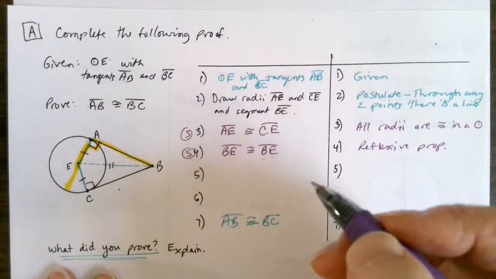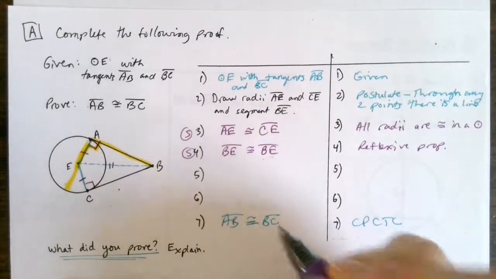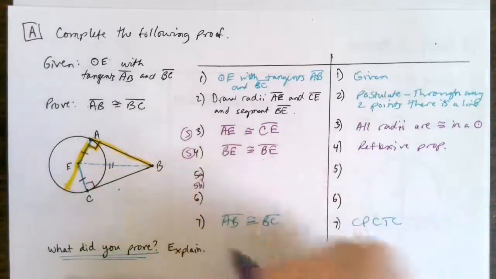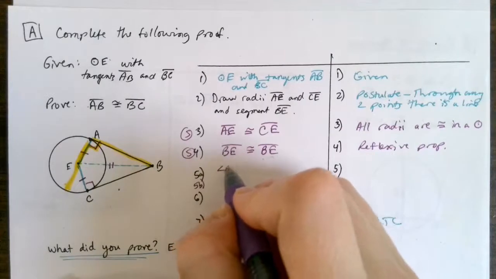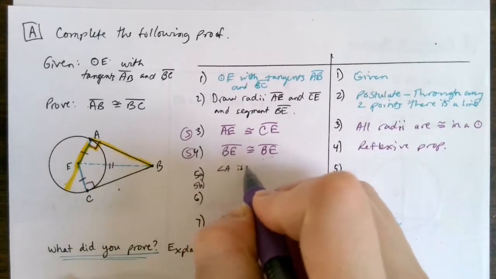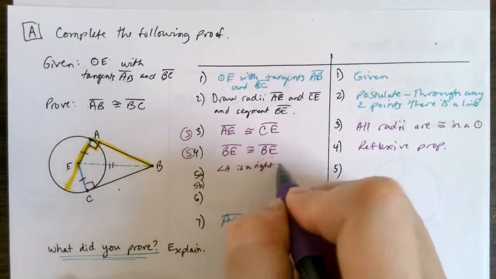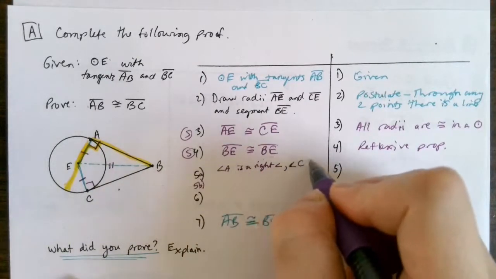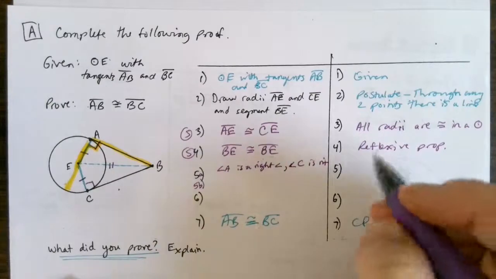I think I'm actually going to have to squeeze 2 steps in here, so I'm going to make this 5A and 5B, or you can obviously just add a step. Angle A is a right angle, angle C is right also.